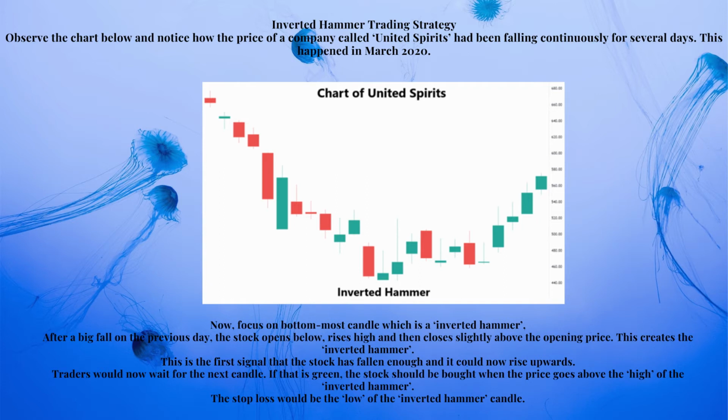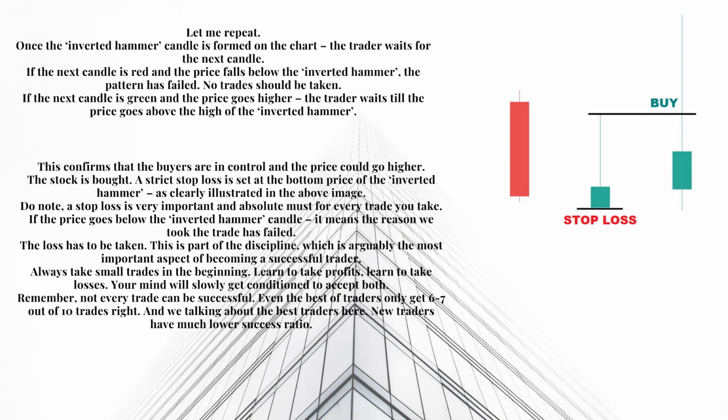Traders would now wait for the next candle. If that is green, the stock should be bought when the price goes above the high of the inverted hammer. The stop loss would be the low of the inverted hammer candle. Let me repeat. Once the inverted hammer candle is formed on the chart, the trader waits for the next candle.